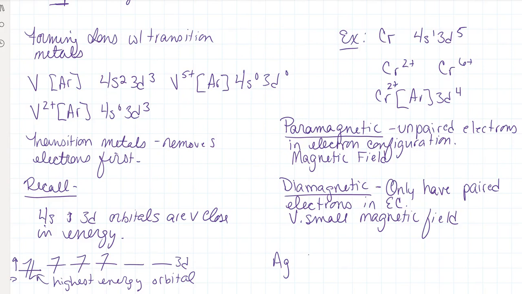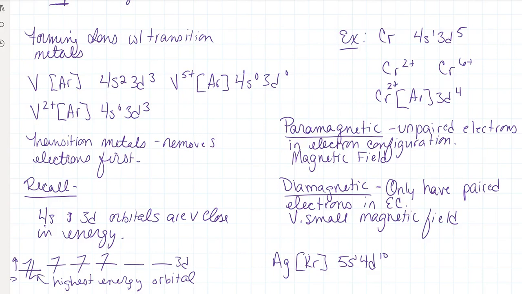Excuse me, I was one off. We have that krypton core, but we'll then observe that our electron configuration is 5s1 4d10. And this is supported by the fact that silver is considered paramagnetic.